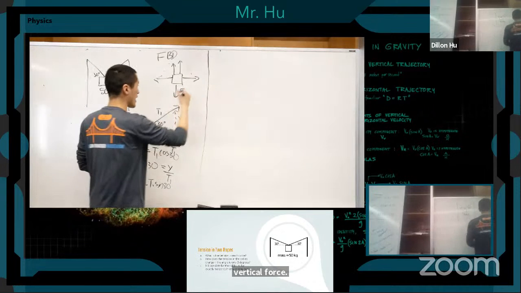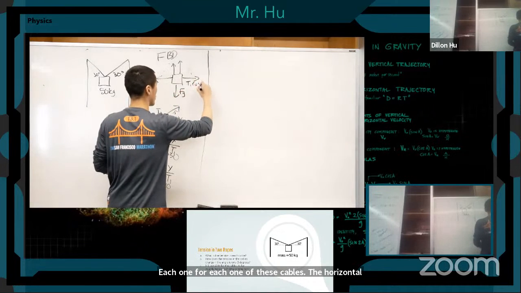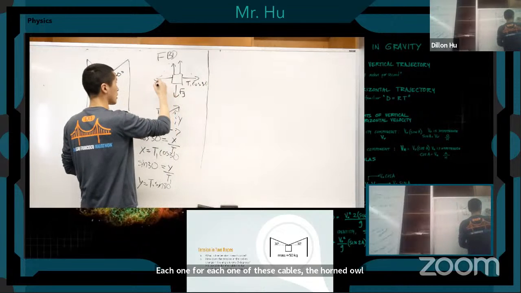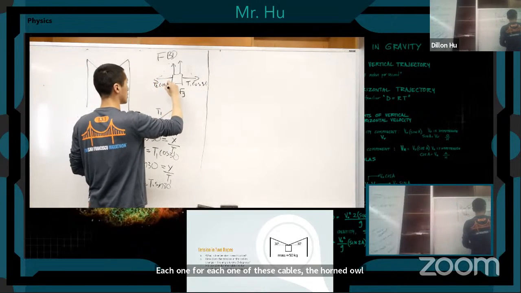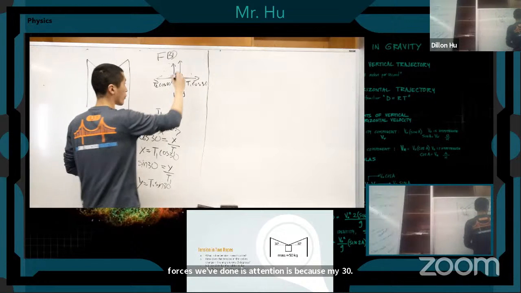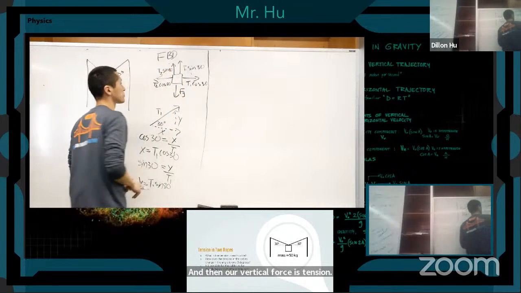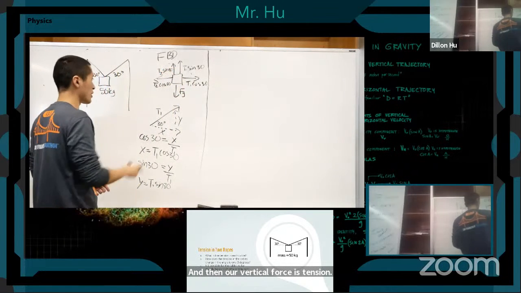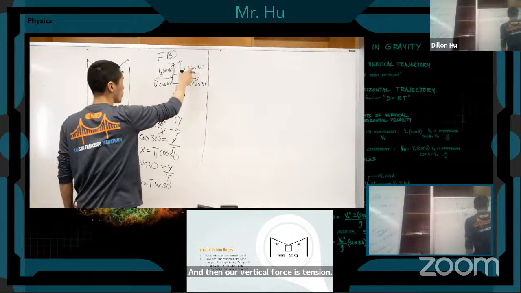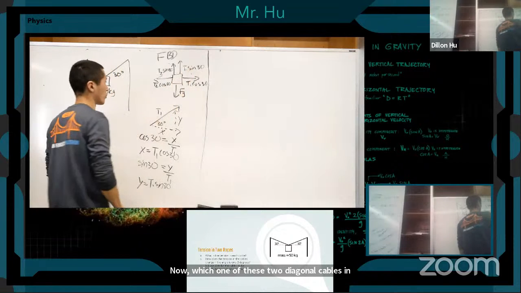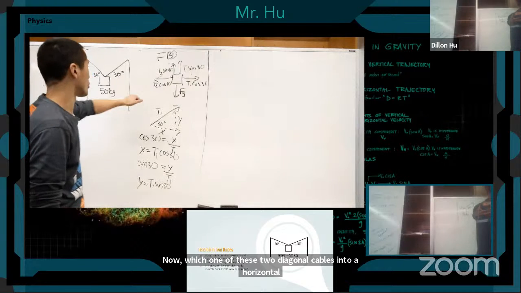The horizontal force, as we found, is our tension times cosine 30, and our vertical force is tension times sine 30. Now we've turned these two diagonal cables into horizontal and vertical forces, and so now this is solvable.